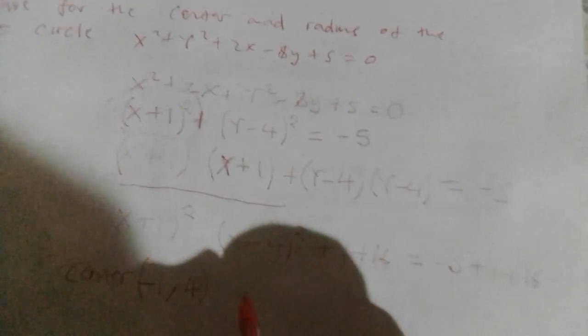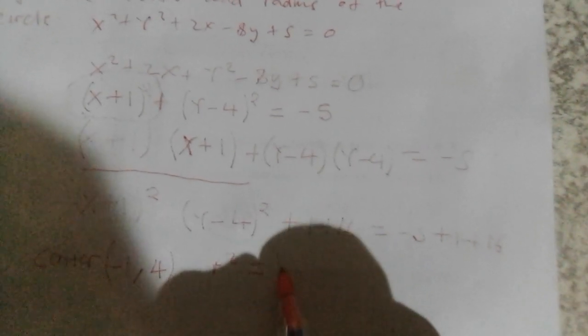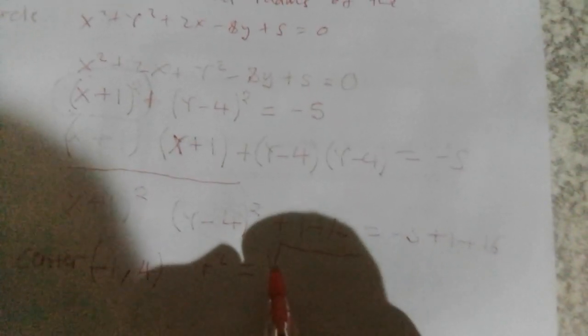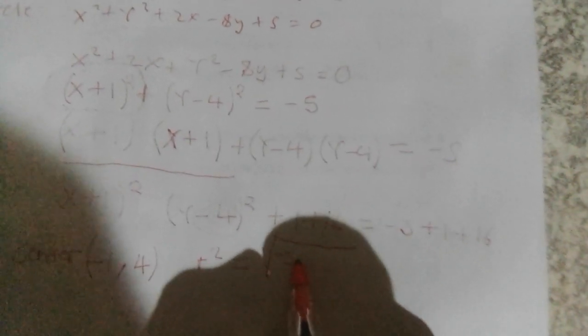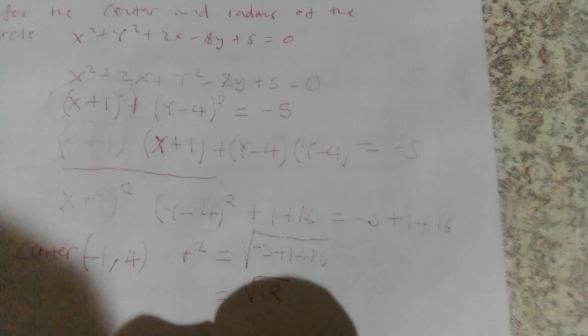But how do we get the radius? Now this is how we get the radius. Say r squared, which is the radius, is equal to the root of minus 5 plus 1 plus 16. This arrives at the root of 12. I believe you guys are getting it right now. So r squared is equal to the root of 12, but you just can't leave it like that.